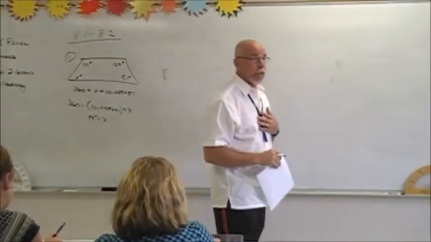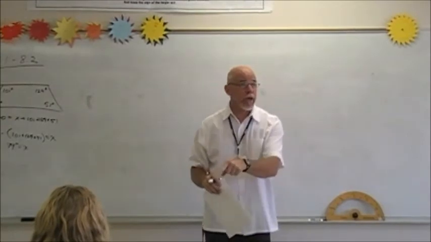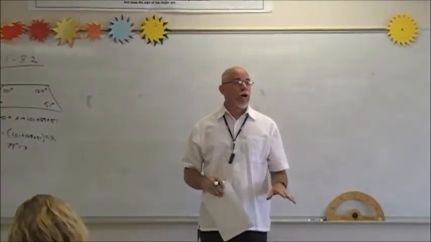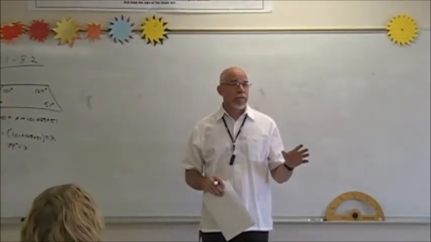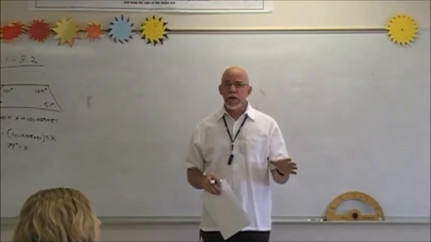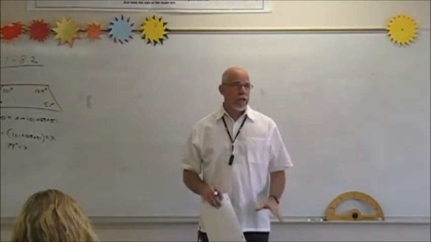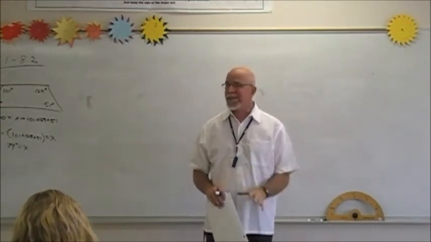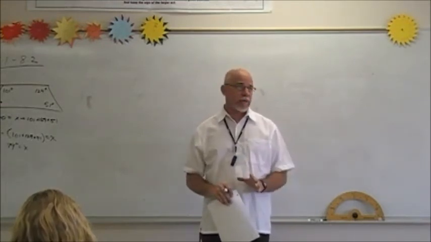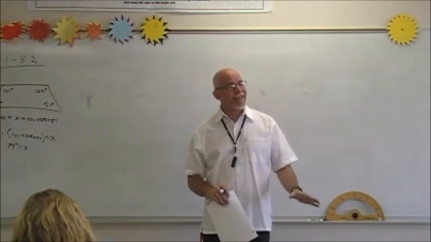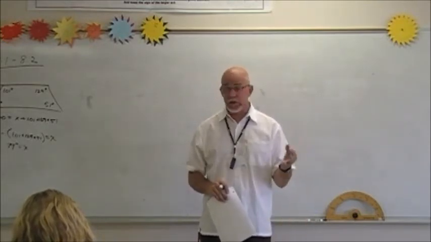I'm not going to work it, but I'll share this so you can write it down. Regardless of the shape of the polygon, it doesn't matter whether you have 4 sides, 3 sides, a billion sides, if you add up all the exterior angles, in problem number 3, those are not interior angles.